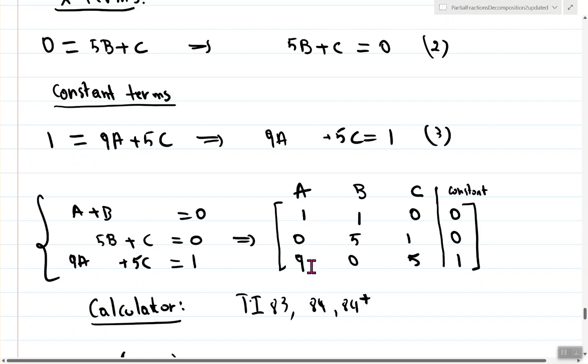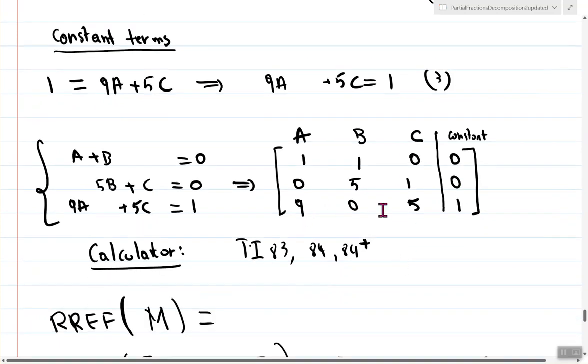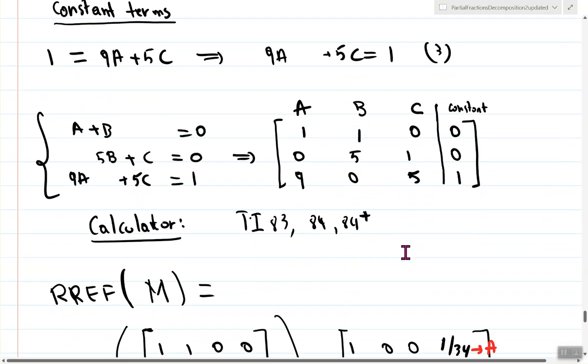So we create these a columns. The b column is the same: 1, 5, 0. For the c column, since c is not here, we have a 0, 1, 5. And then the equal sign is represented by this vertical bar, and then 0, 1, 0 is the constants. So this is what we call the augmented matrix. We're going to take this matrix and enter it on your calculator.